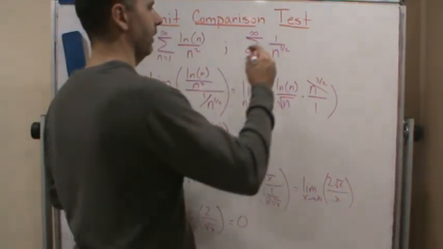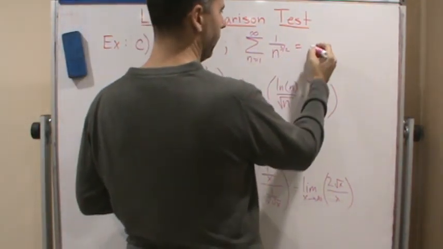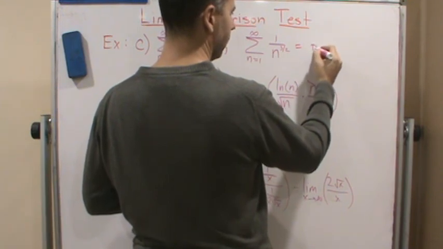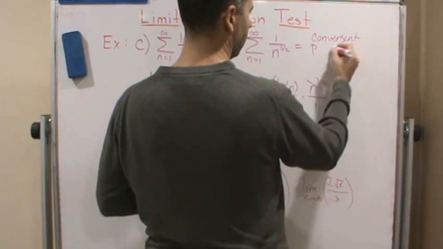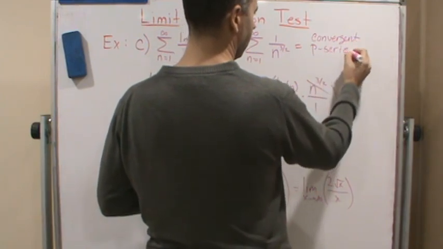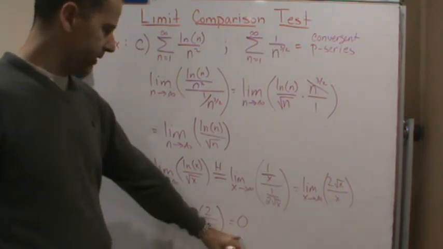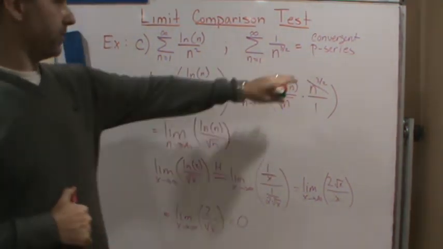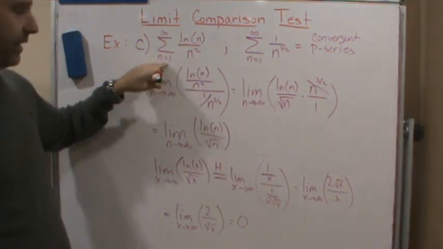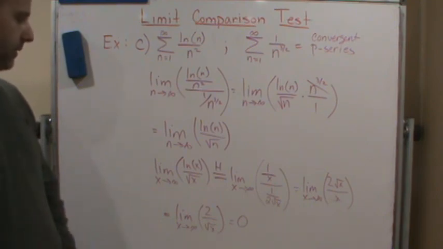This is a convergent p-series, since p is greater than 1. And so since the limit of the ratio is equal to 0 and this series is convergent, then this series must be convergent by the limit comparison test.